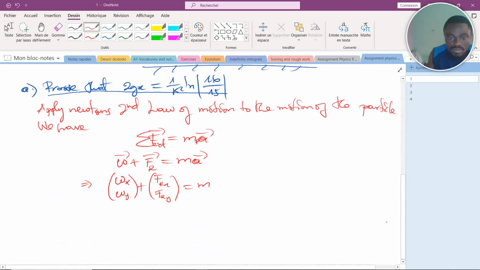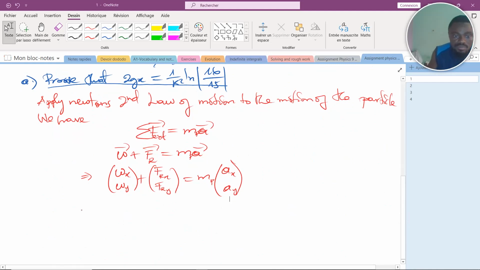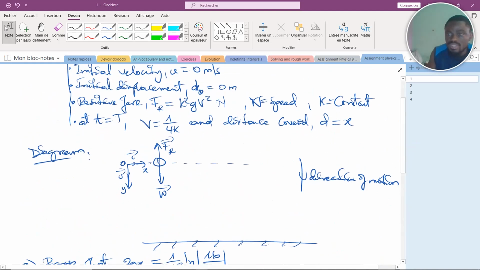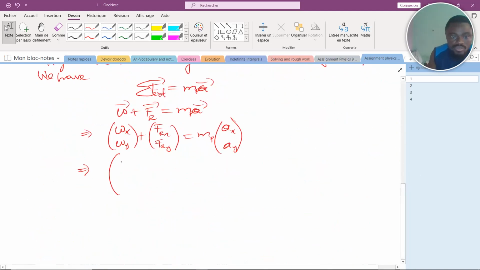So we have MP into the acceleration in the X direction and the acceleration in the Y direction. Now, what is the X component of the weight? The weight is acting only vertically downward, so there is no component in the X direction. So this is 0.